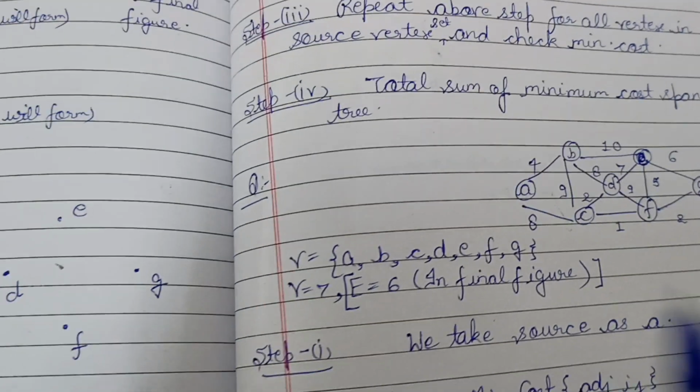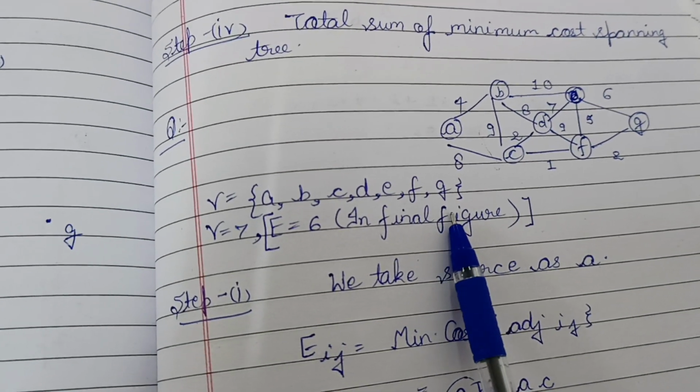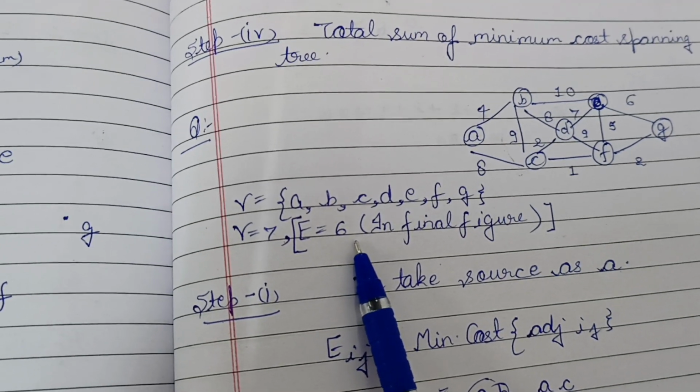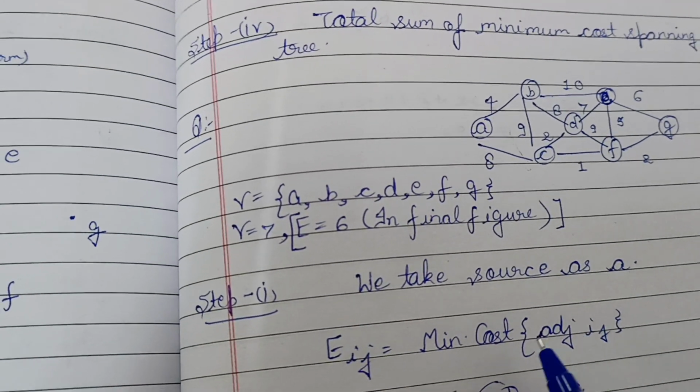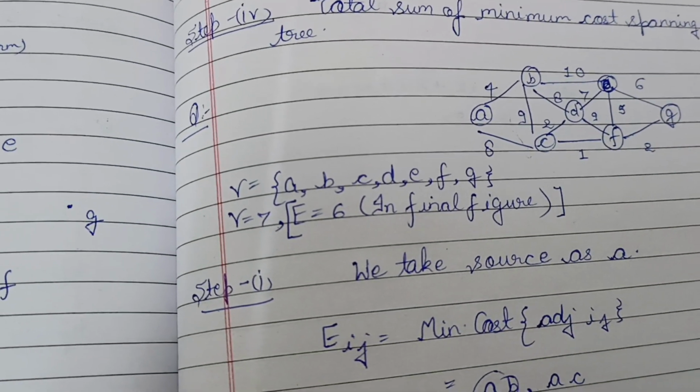Here the vertices are A, B, C, D, E, F, G, so the vertices are 7, and the formula for edges is V minus 1, meaning 7 minus 1, 6. In the final figure, edges will be 6.